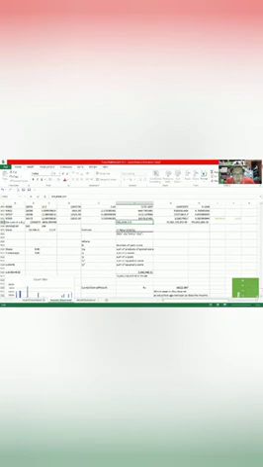This is 3,046,948.31. So for the final procedure, we will now find the R value.